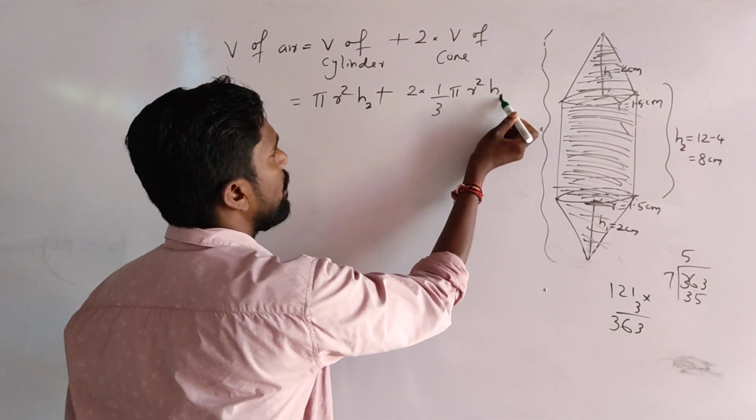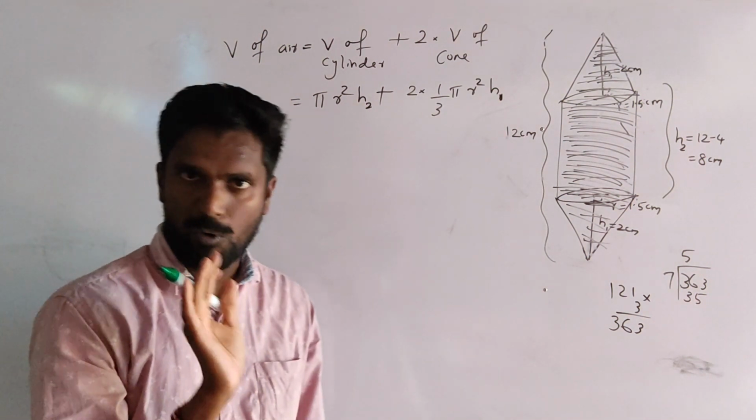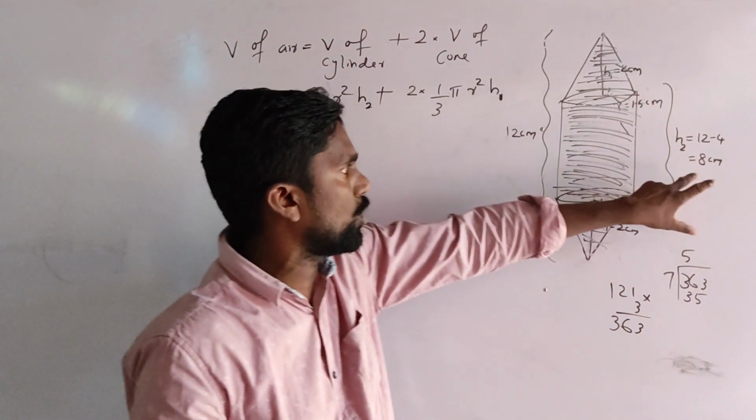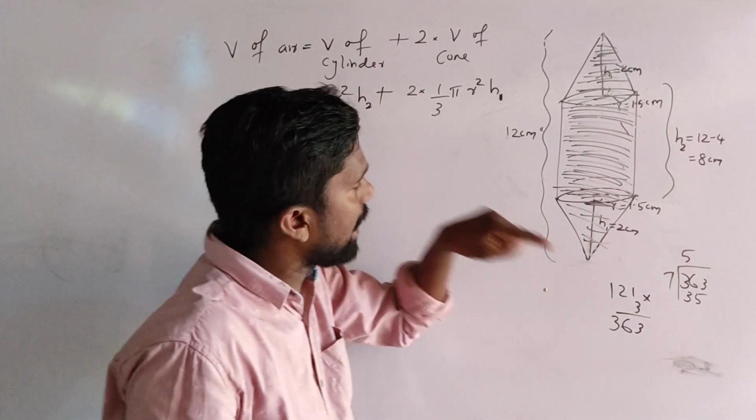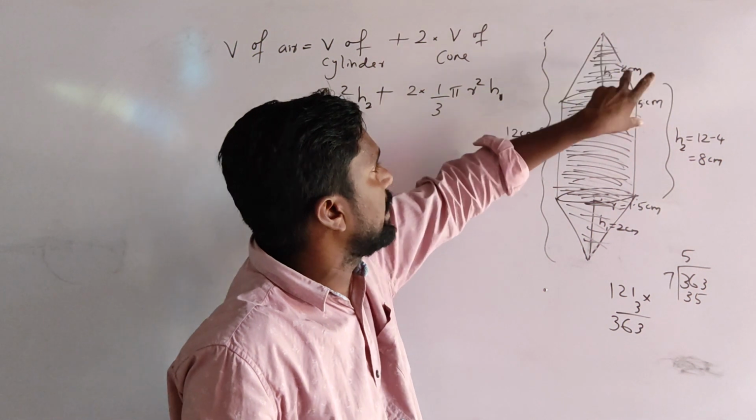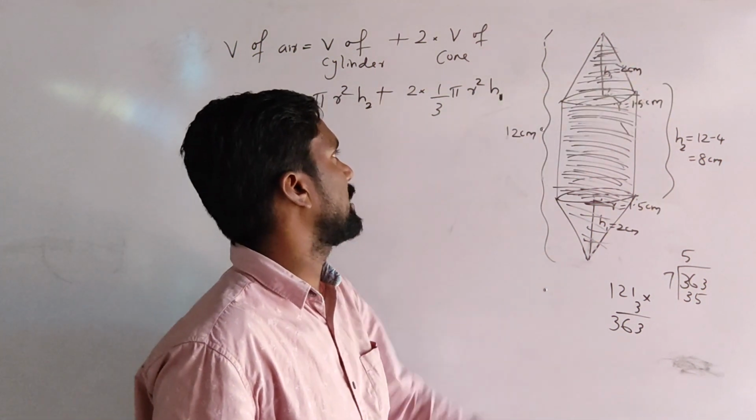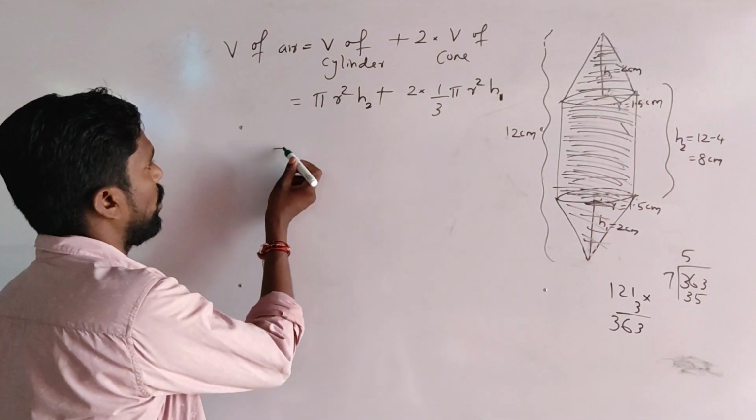The cylinder formula is pi r square h, but here I took h2. The cone formula is 1 by 3 pi r square h, but here I took h1.